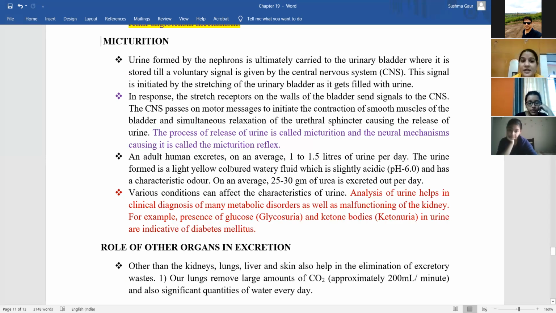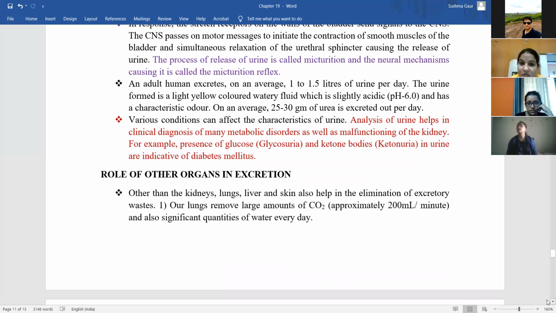So generally, an average adult human releases 1 to 1.5 liters of urine per day. These are the different aspects of urine. The most important thing which we have to remember is that the urine produced by humans is slightly acidic and its pH is 6.0.